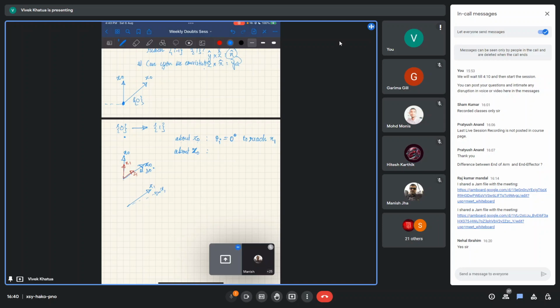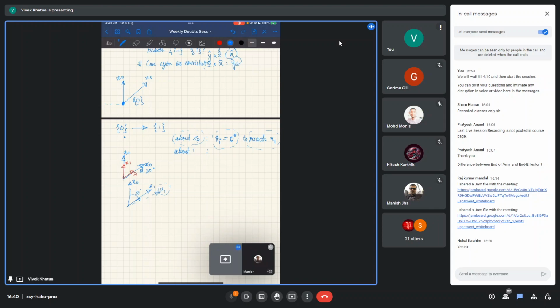Is that understood? Since I am not doing anything, about z0 if I do 0 rotation, I reach x1. If I do 30, I will reach x1 which is a 30-degree offset from x0.